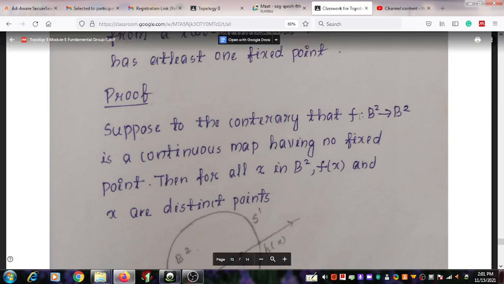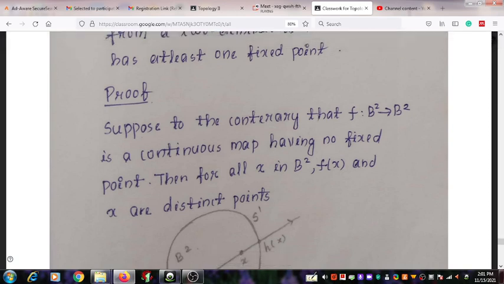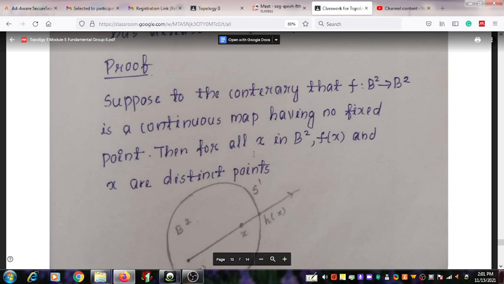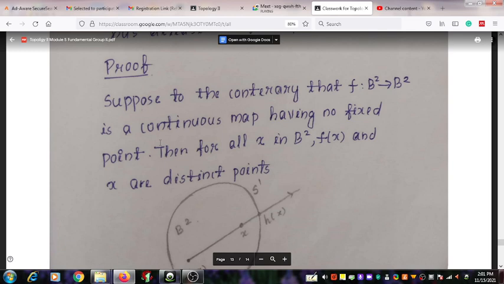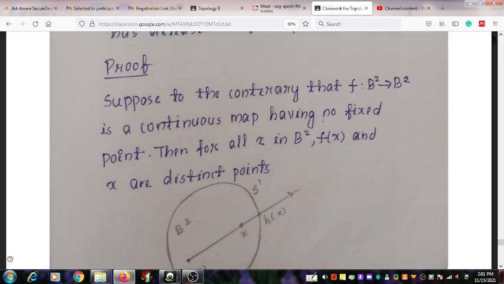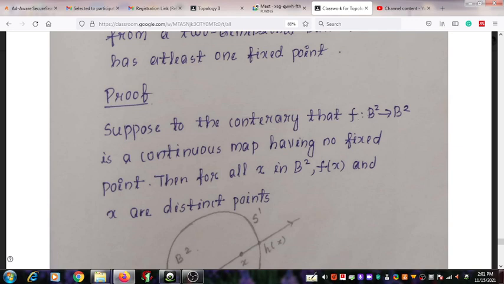That is, there exists a continuous function f from B2 to B2 which does not fix any point. Since we assume the contrary, we have to think that the function is continuous and it does not fix any point.